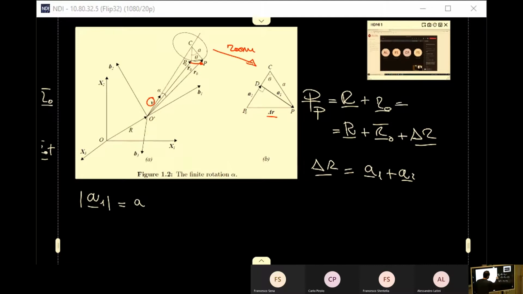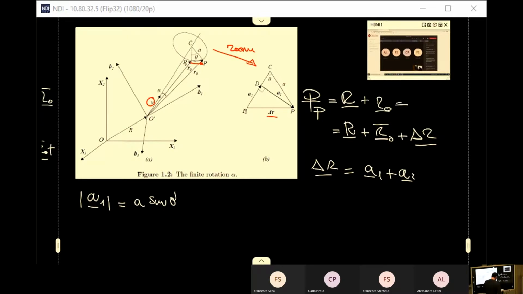In the triangle P0, P, C, P0C and CP are equal, and they are A, the radius of the circumference. Now, A1 is A times the sinus of theta. Well, it's very apparent.